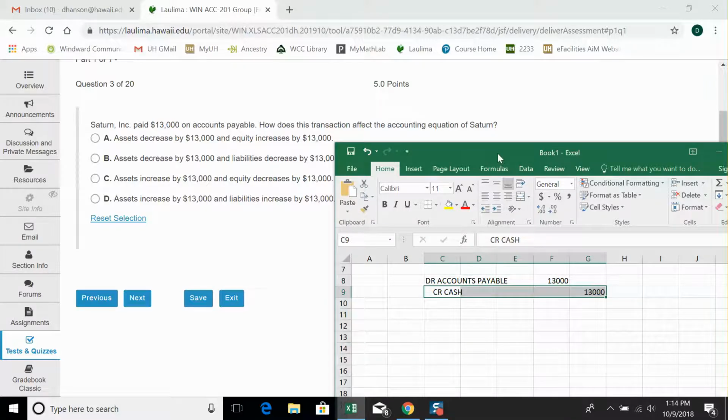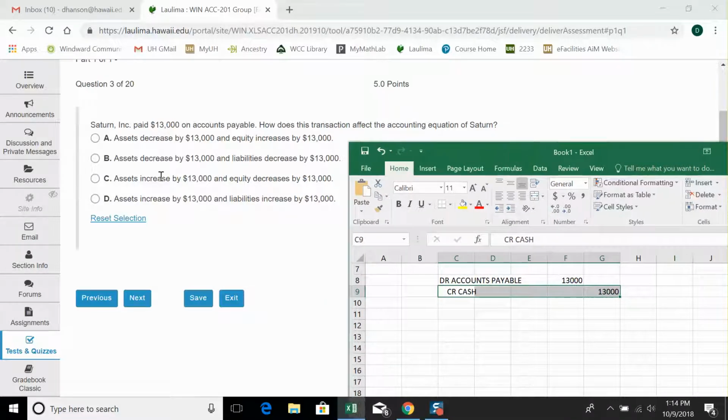Okay, so let's see what our selections are. First one, assets decreased by 13,000. That would be correct, but it's not equity that's increasing or decreasing. So equity is irrelevant. Let's see, assets decreased by 13,000 and liabilities decreased by 13,000. I like that one, but the way I solve these multiple choice questions is I look at all the options and make sure there's nothing else that's better.